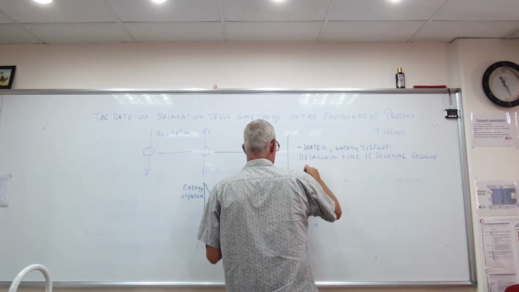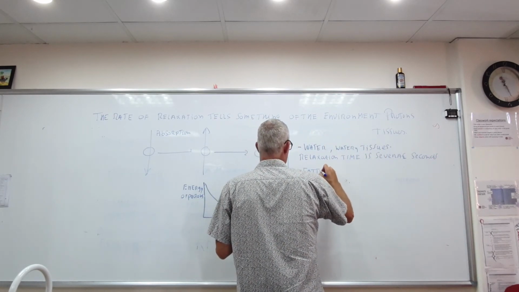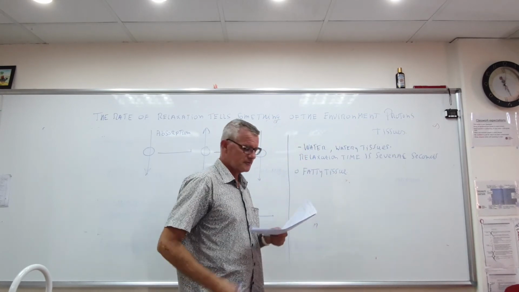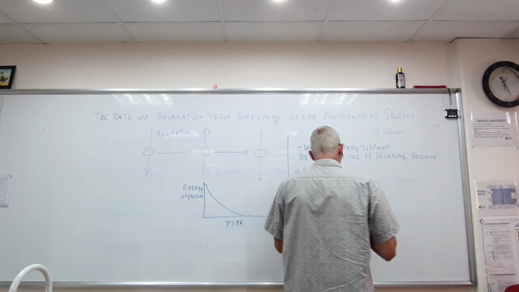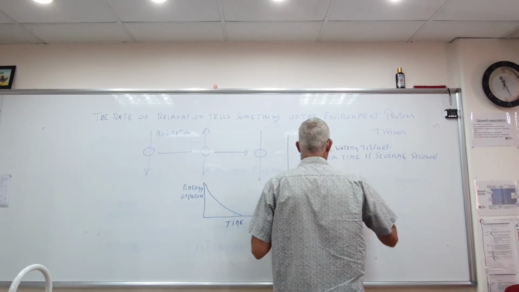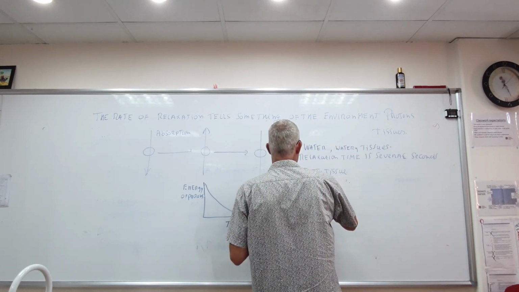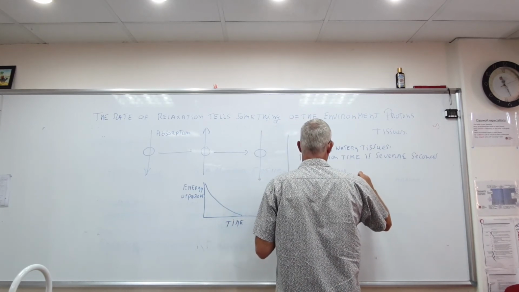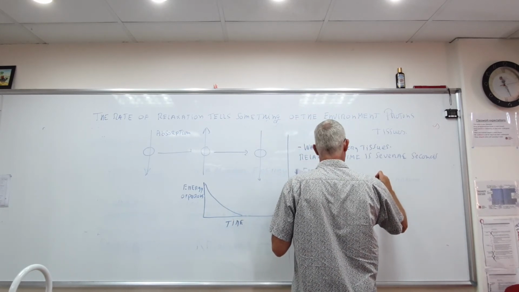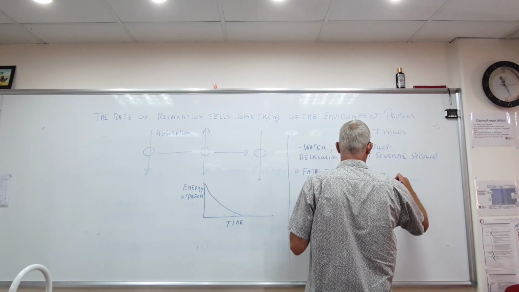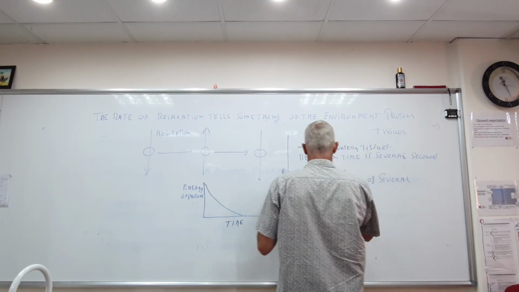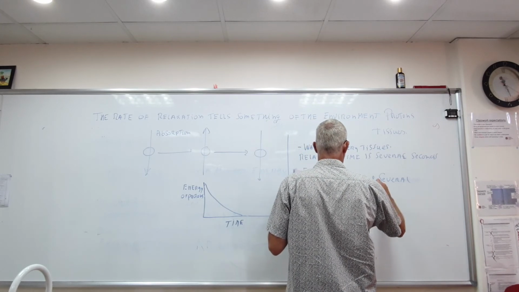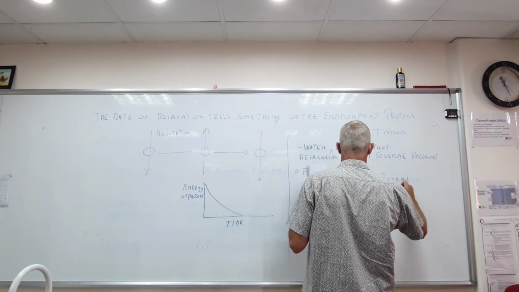For fatty tissue, which you find mainly in the white part of the brain, yeah, they have a relaxation time of several hundreds of a second.